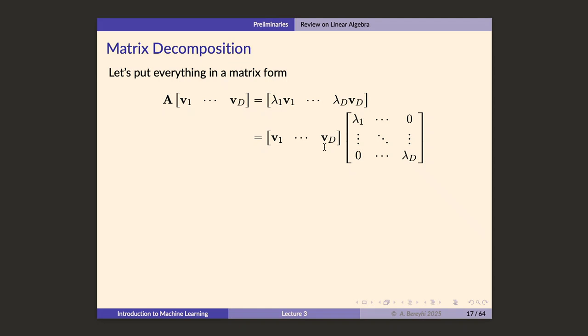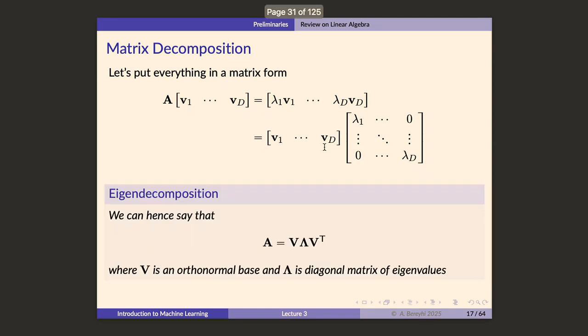If I multiply both sides from the right by V transpose, here you're going to have V transpose, and here you're going to have V transpose. And V V transpose is simply the identity matrix. So you can always write down any matrix A in this form as long as you know the eigenvalues and eigenvectors.